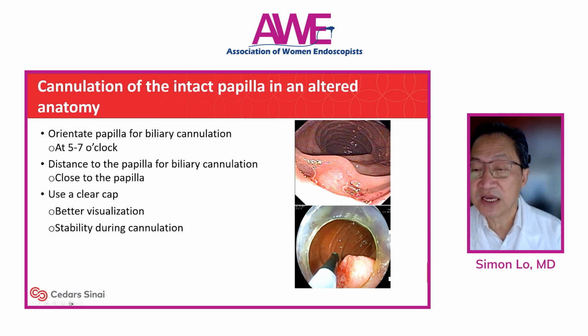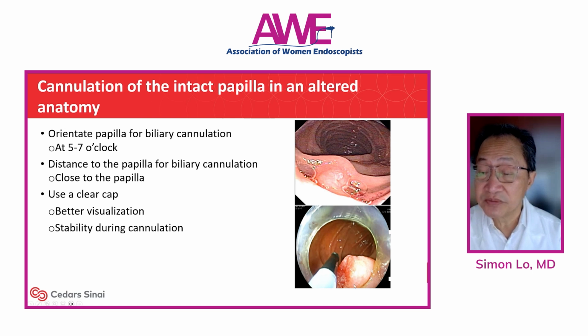Whereas if you are using an enteroscope for cannulation, then you want to be very close to the papilla, such that you can get it easily. Using a cap on these endoscopes is very helpful in visualizing the papilla and navigating around the lumen, but also helps you secure the papilla for cannulation.